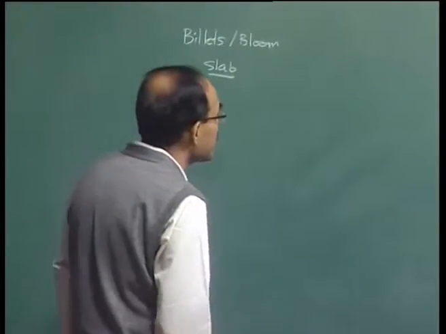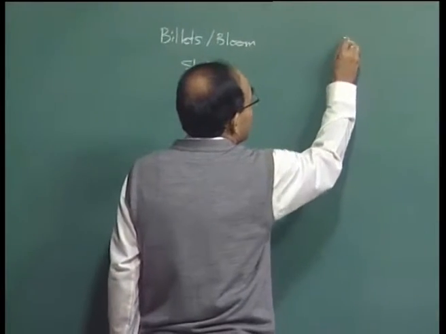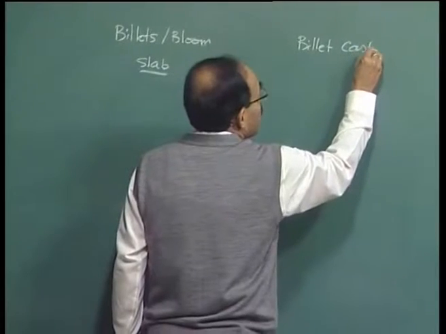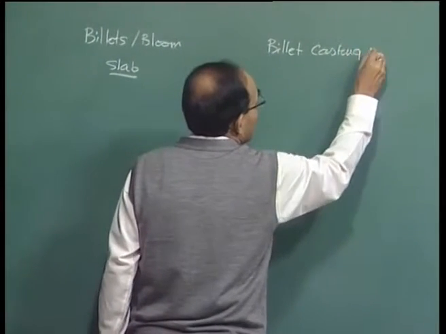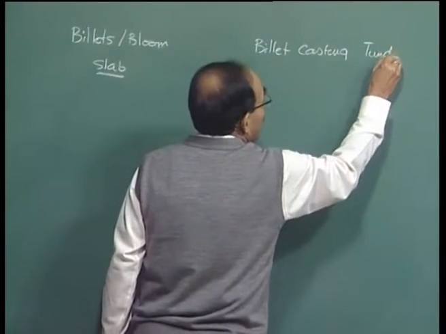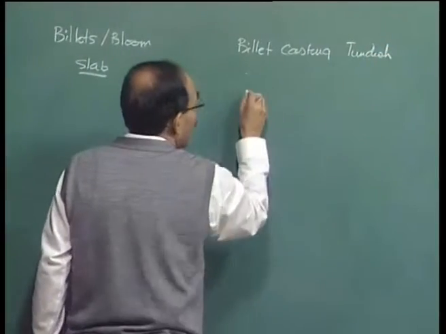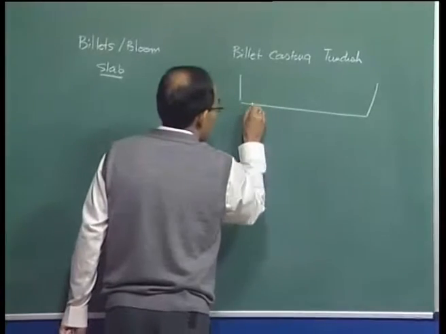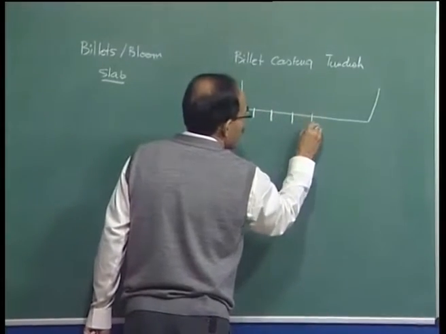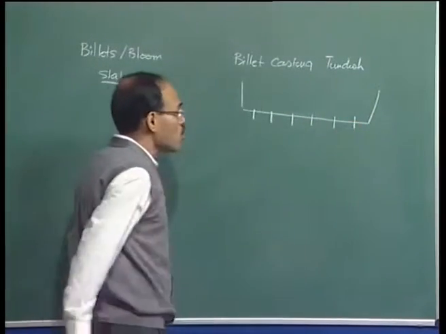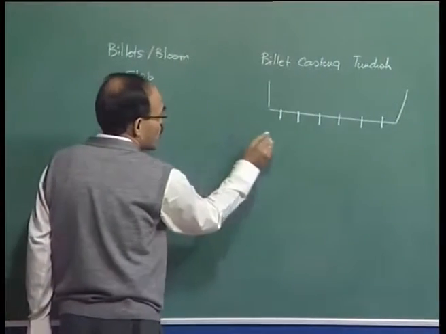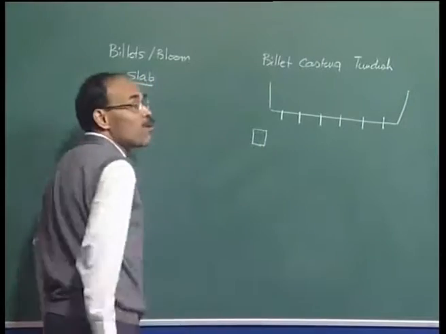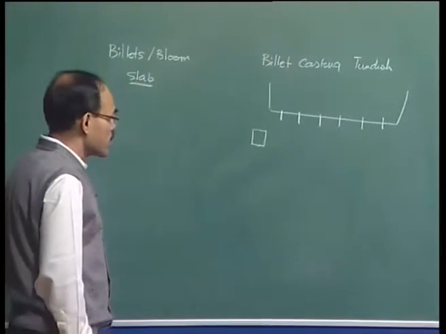In that case, if the tun dish is casting billets, a billet casting tun dish, we will have more number of strands. So, we can have one strand here, second strand, third strand, fourth strand, fifth strand, sixth strand, because the billet cross section, as I have mentioned, could be about 8.5 by 8.5 inches, something like this.